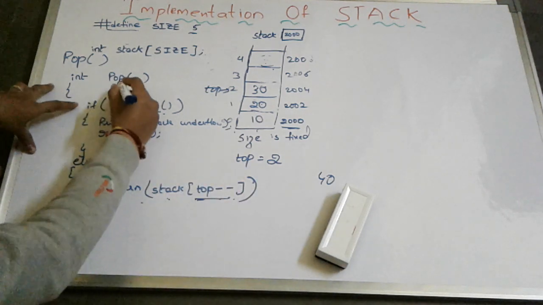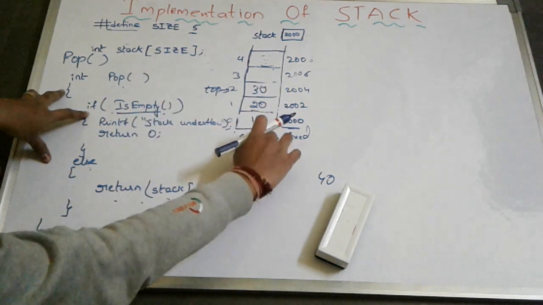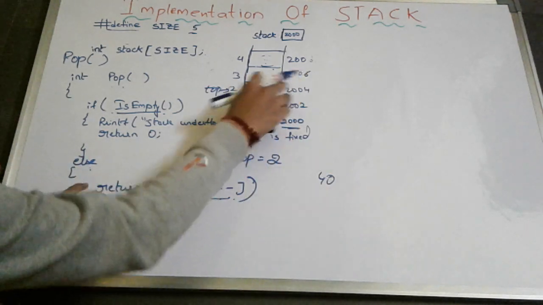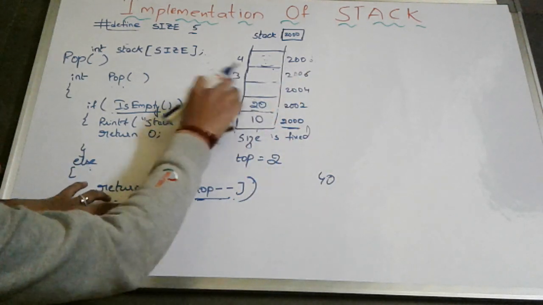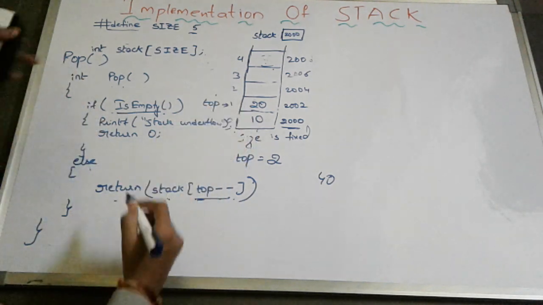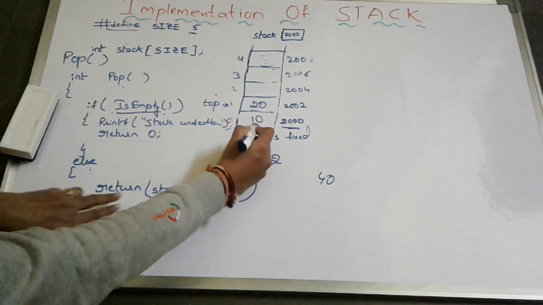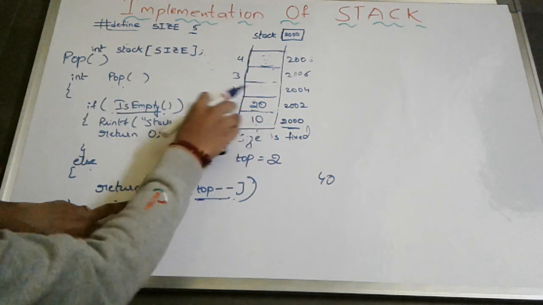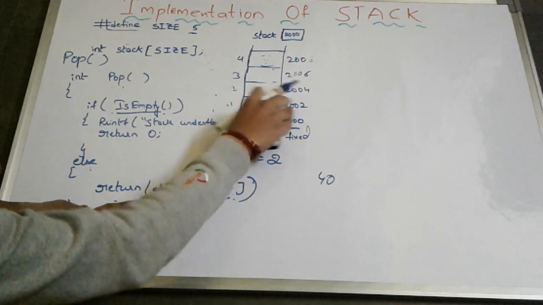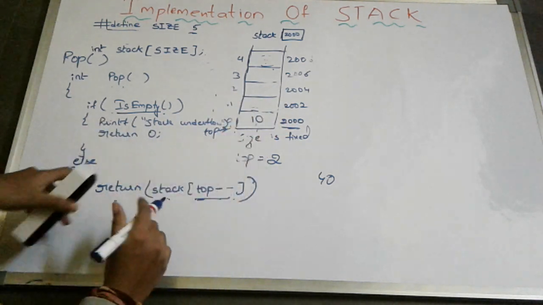Now again if we perform the pop operation, it checks whether it is empty or not. It is not empty, so again 30 is returned and top points to 20. Again if we perform the pop, it is not empty, so 20 is returned and then top points to index 0.